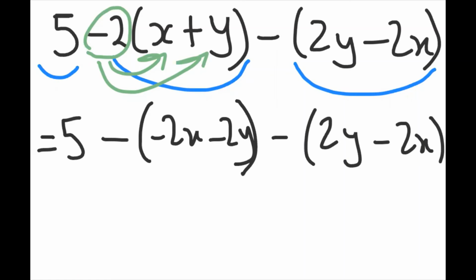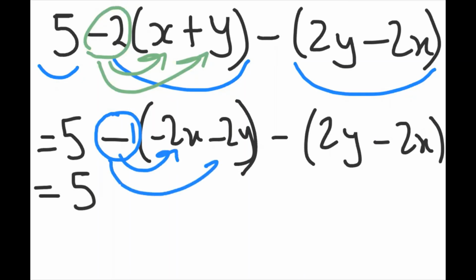So that's equal to 5. Let's multiply this out. We're going to do this minus, so it's actually minus 1 multiplied by that, and secondly, minus 1 multiplied by that one. First, just remove this. The first one, minus 1 multiplied by minus 2x. That answer is plus 2x.